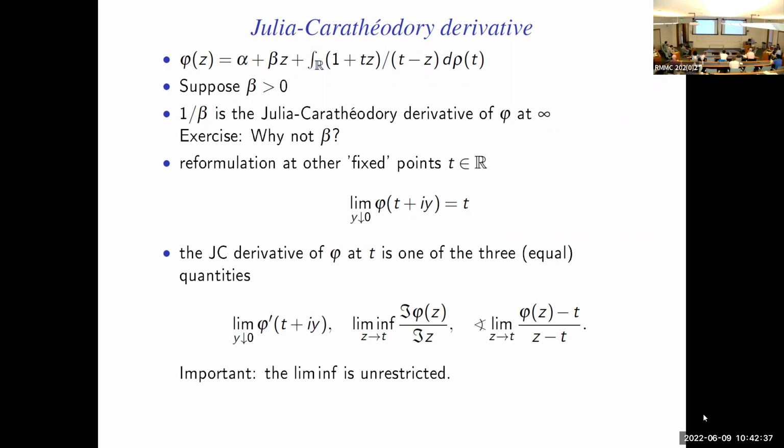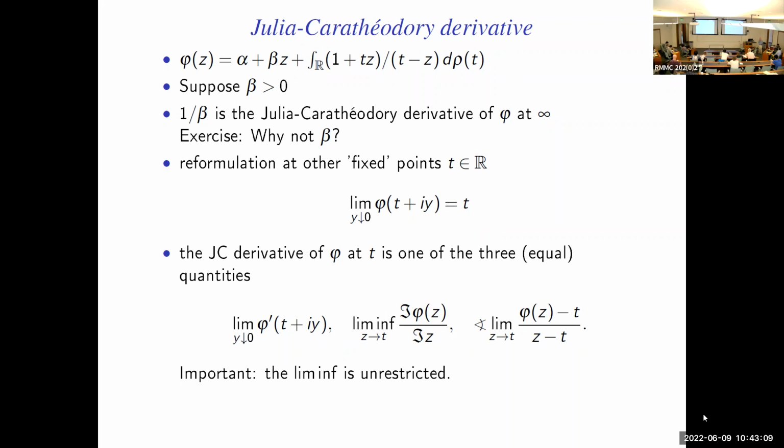Then the Julia-Carathéodory derivative at the point is one of these 3 equal quantities. One of them is the limit of phi prime of t plus iy as y goes to 0. That's closest to what you think is a derivative. The second one is the lower limit of the imaginary part of phi of z over the imaginary part of z as z tends to t.